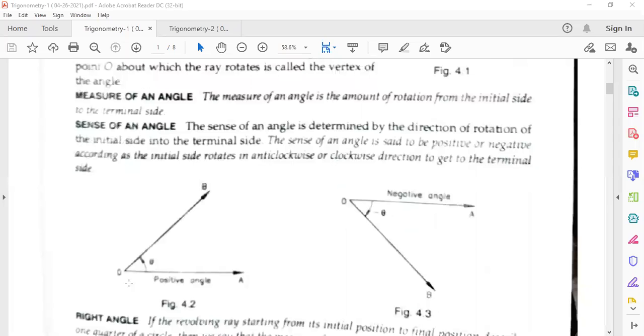Look at here. Here OA and OB. OA to OB, it rotates anticlockwise, so this angle theta is taken as a positive angle. And here the initial line is OA, but OB is taken in the clockwise direction, so this angle formed is taken as minus theta. As the direction of the angle is clockwise, it is measured as minus theta.